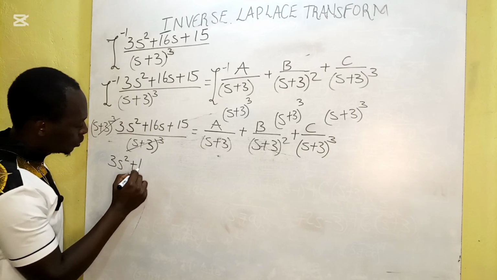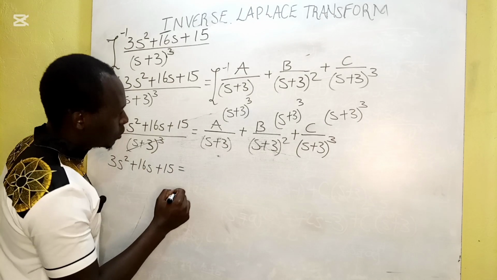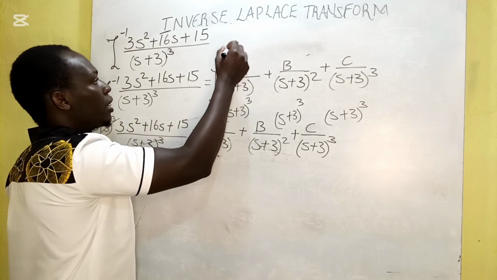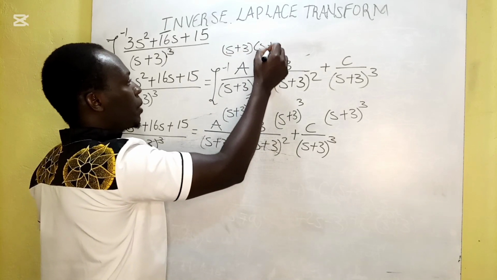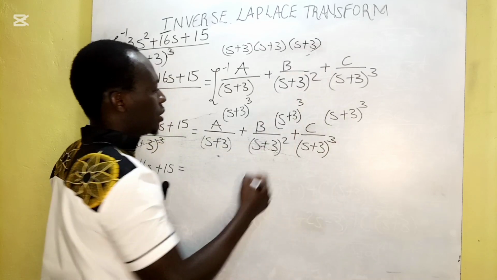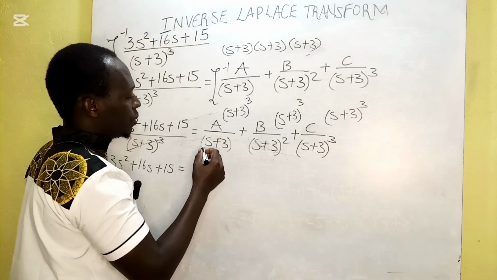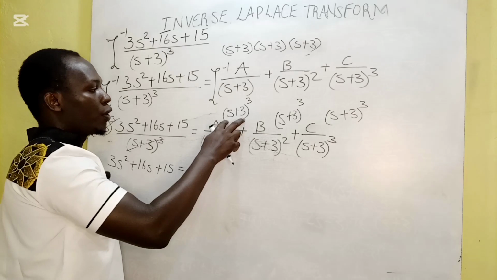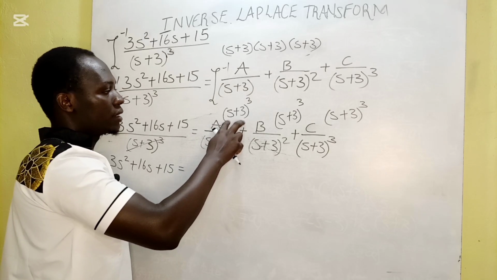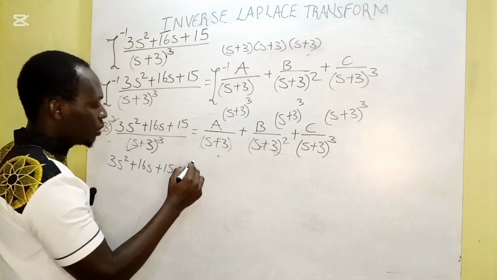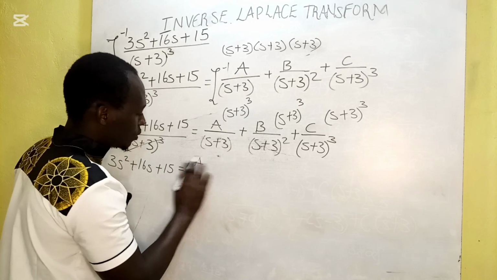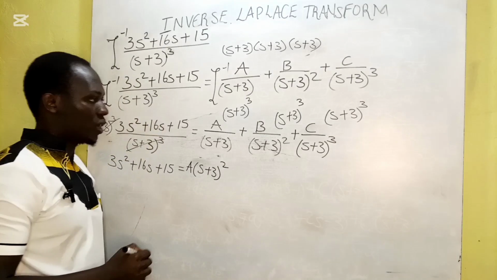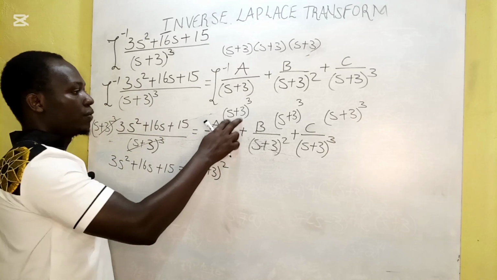To mean that on the left hand side we are going to have 3s^2 + 16s + 15 equals, on our right hand side, (s + 3) multiplied by (s + 3) multiplied by (s + 3). The denominator cancels one of the (s + 3) functions in the bracket, so we are left with A into (s + 3) squared, since one of them is cancelled.